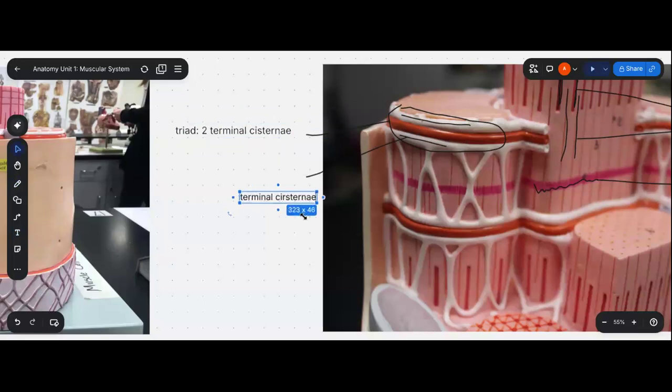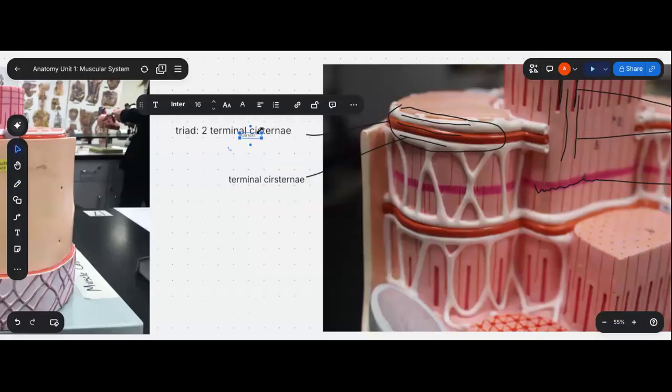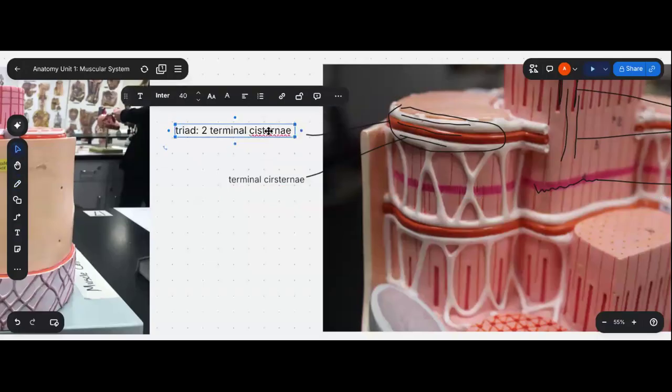And then the last part of the triad is the T-tubule. So you're going to have one T-tubule, which is this orange line running down the middle. Plus one T-tubule.